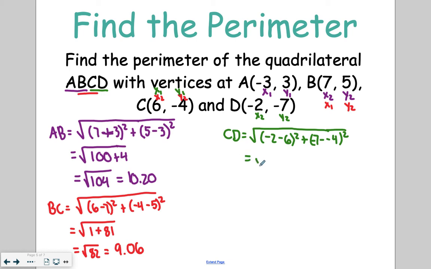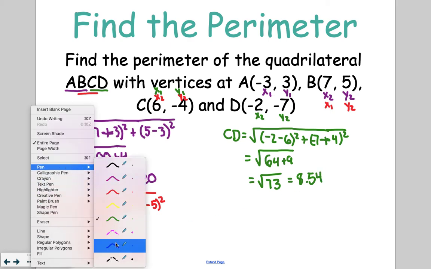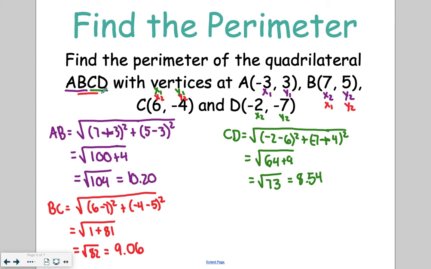And then as I simplify, I've got -2 minus 6, which is -8, squared is 64, then -7 plus 4, which is 3, squared is 9. So 64 plus 9 gives me the square root of 73, which is going to give me an answer of 8.54.